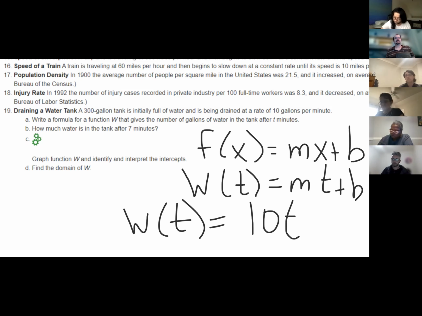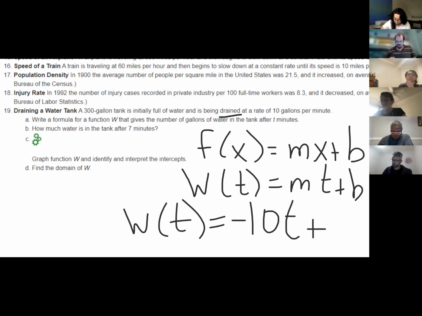Shouldn't the 10 be negative? It's got to be negative. Why? Because the water's draining. It is leaving, and we want to represent that it is draining. So I get this minus 10t from my rate, and I have to add the initial amount, the amount it started at. 300.